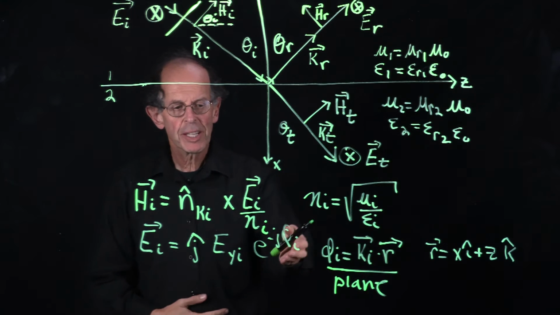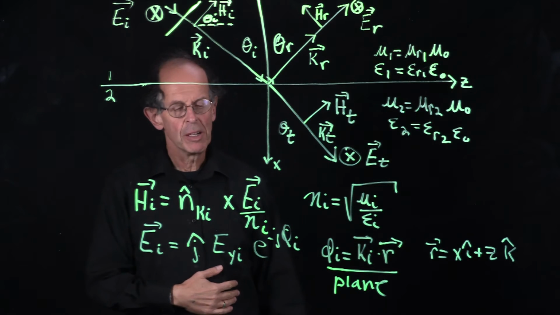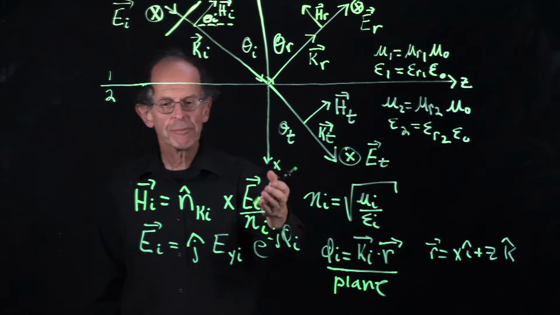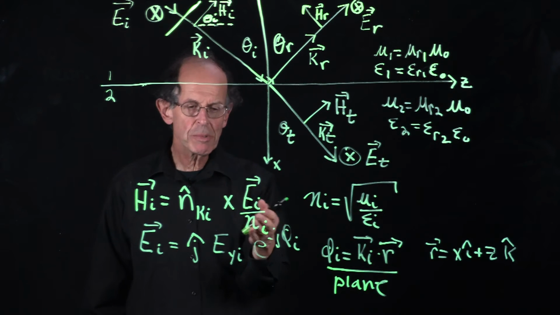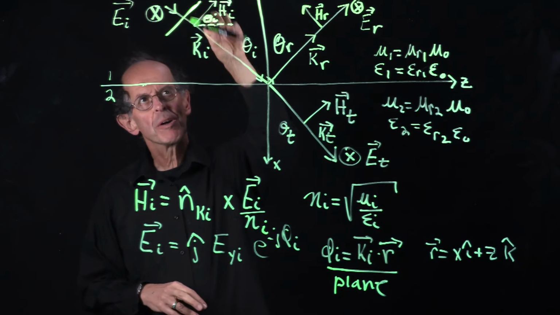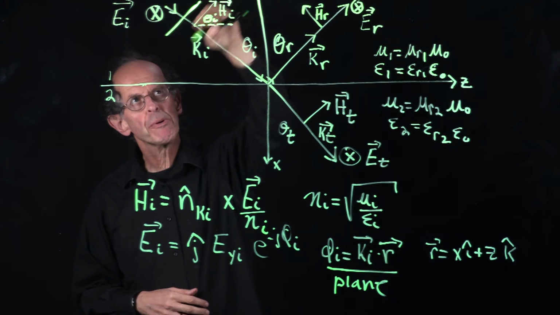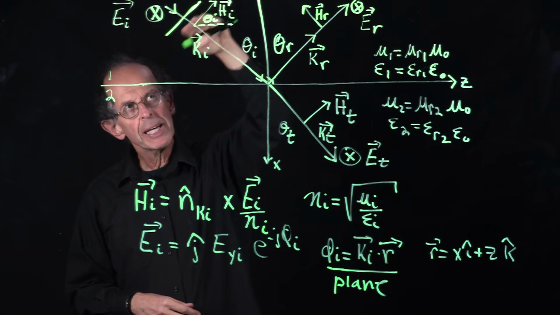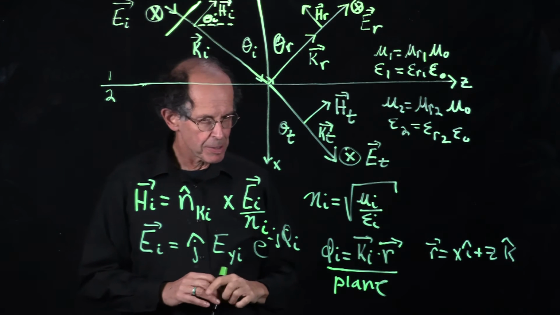We don't have to carry around the phase factor all the time at this point. We will eventually have to write down the fields in terms of the phase factors, but it's really amplitudes that obey this cross product, because at a given point on the plane, the phase is constant.